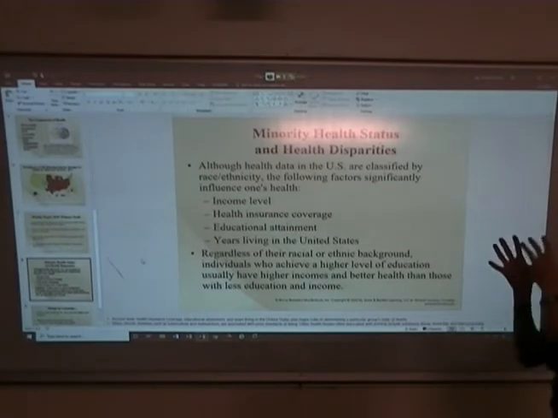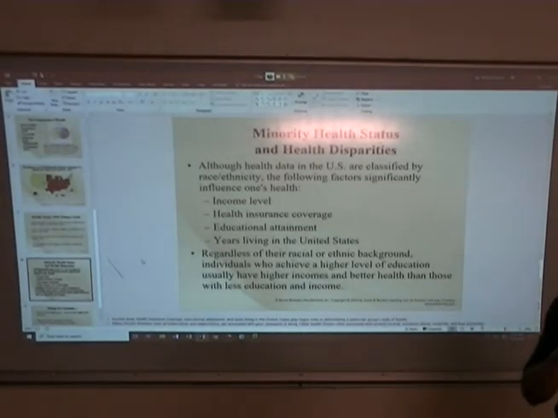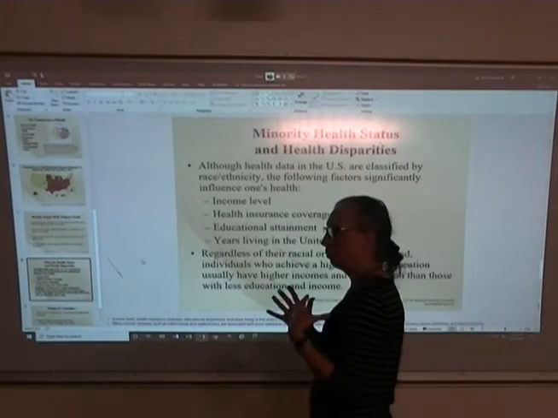25% of Hispanics in the States have very low economic incomes, huge disparities in disease. So 25% of them are living in poverty.